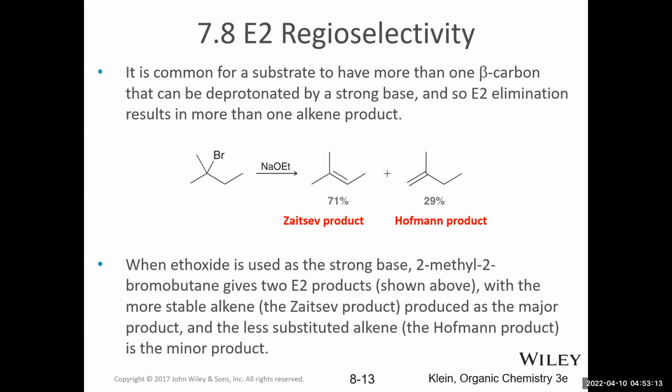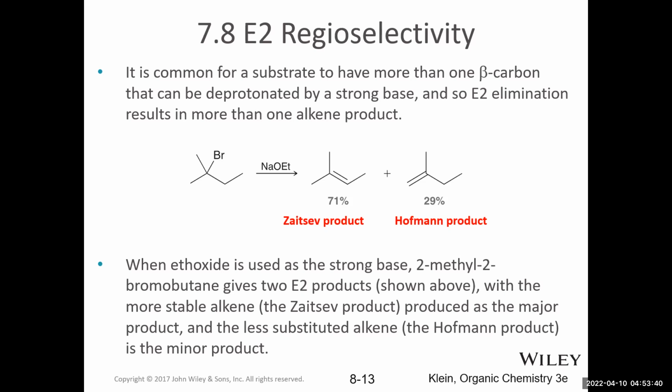So regioselectivity is when there's a reaction where more than one constitutional isomer product can be obtained, and one of those constitutional isomers is obtained in more than 50%, and the others are less than 50%. As long as there's a major product and one or more minor products, and they are related as constitutional isomers, then it's a regioselective reaction.